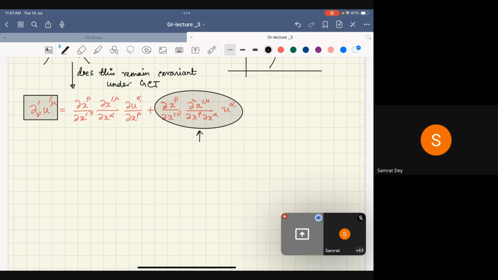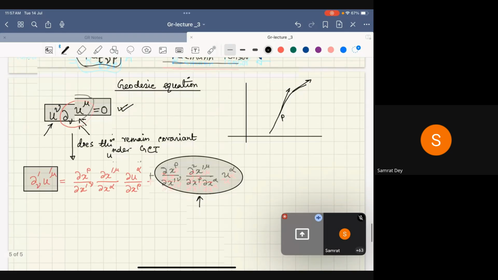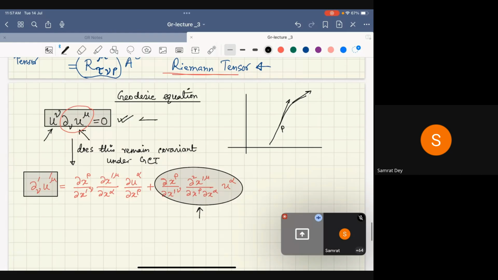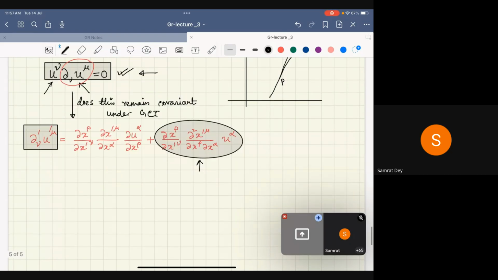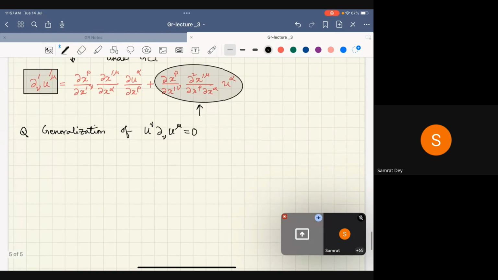So then we asked this question: what is the generalization of this equation that we have obtained in flat space-time under general coordinate transformation?